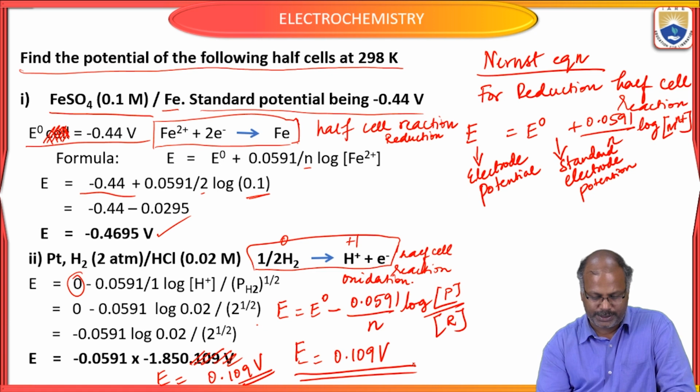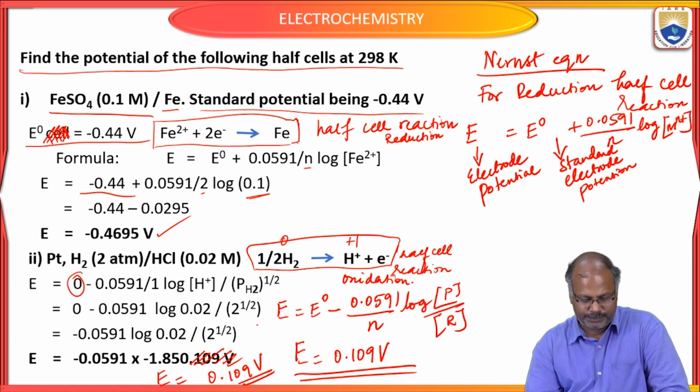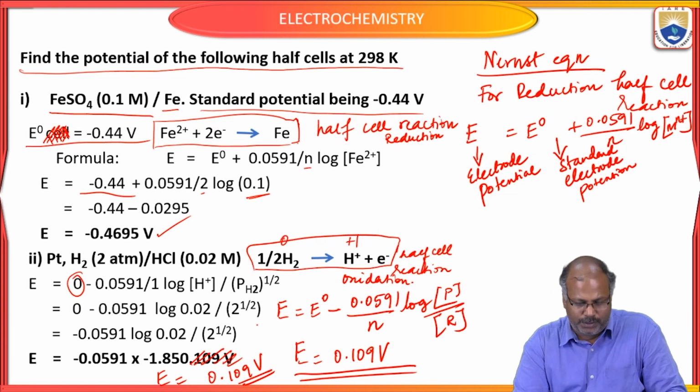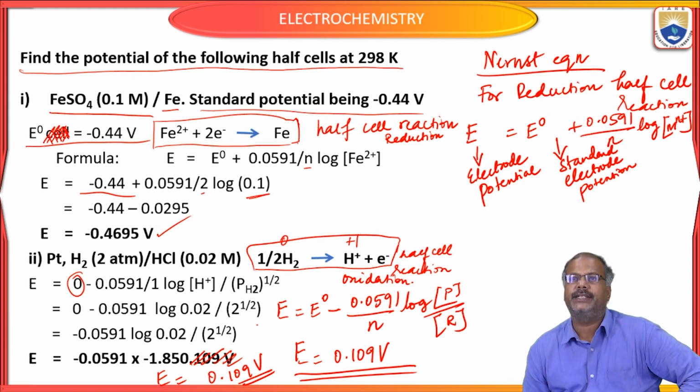The minus into minus will become plus, so plus 0.109 volts. This is the answer. Next.